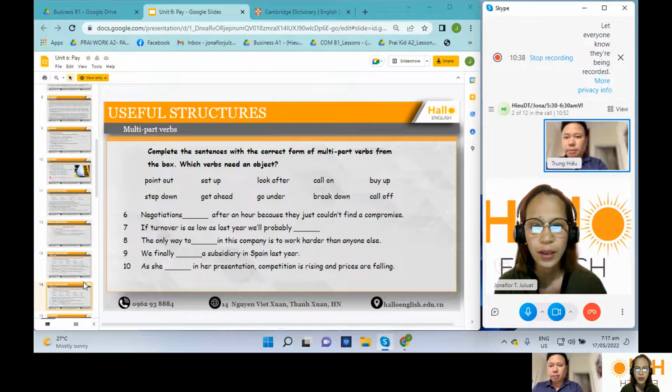So the only way to belong in this company is to work harder than anyone else. The only way to get ahead. Yes. To get ahead in this company is to work harder than anyone else. Good.